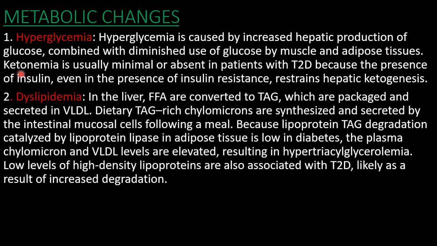Ketonemia is usually minimal or absent in patients with type 2. Why? Because of the presence of insulin. Remember, these patients have insulin, but it is the cells which are resistant to it. Even in the presence of insulin resistance, that insulin is able to restrain hepatic ketogenesis, so there will be no production of ketone bodies.